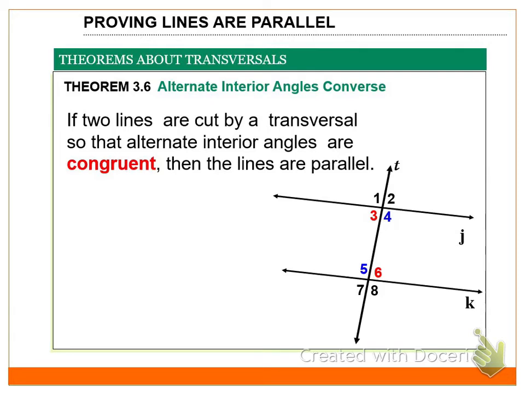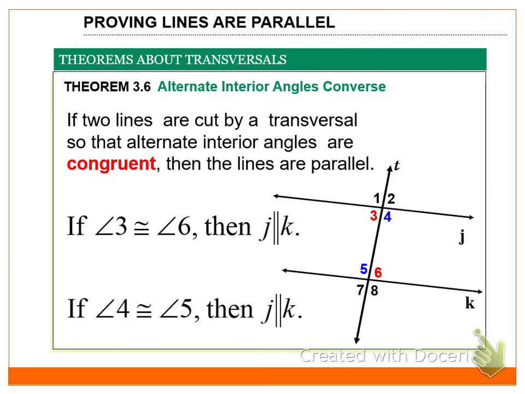You can highlight alternate interior and then the word congruent. So if angle 3 is congruent to angle 6, that is enough to prove the lines are parallel. And if angle 4 is congruent to angle 5, that is enough to prove that they are parallel.